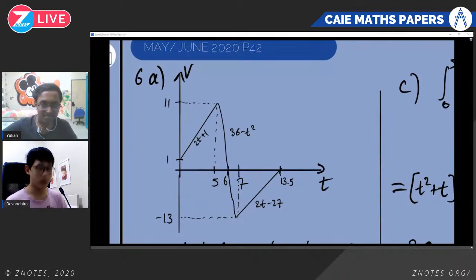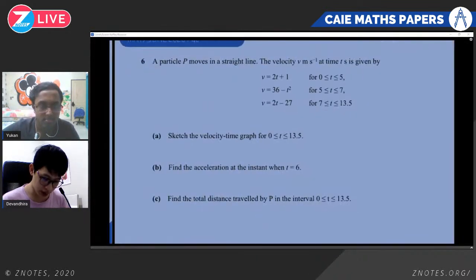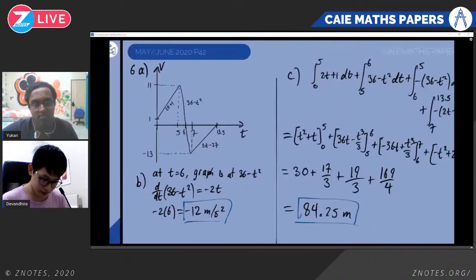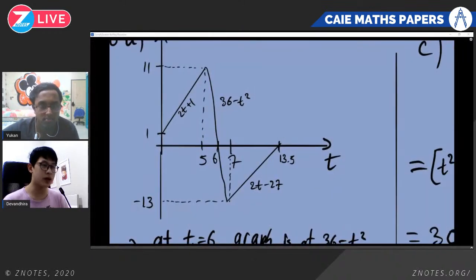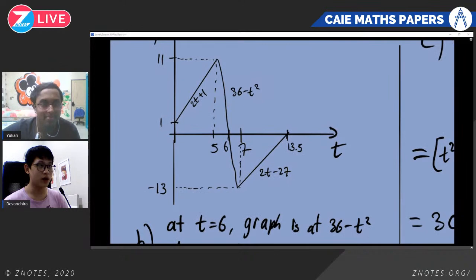Yep. All right. Next question is to find the acceleration at the instant when t is equal to 6. So when t is equal to 6, it's following this graph, correct? The curvy graph, the 36 minus t squared graph. And to get the acceleration, we have to differentiate our function here, correct? Mm-hmm.